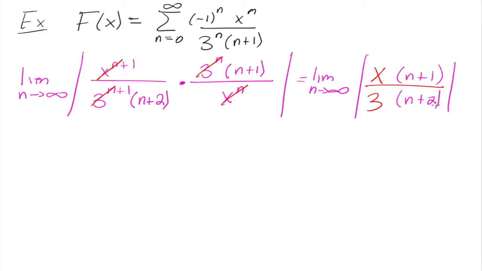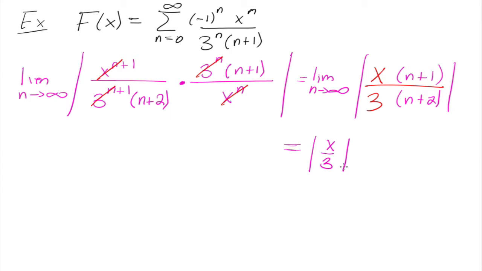And so what's the limit as n goes to infinity of that? This n plus 1 over n plus 2 converges to the number 1, right? So that limit is equal to the absolute value of x over 3.